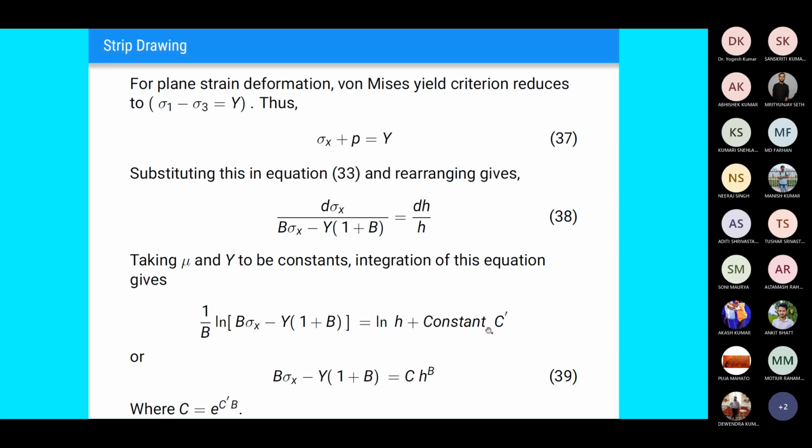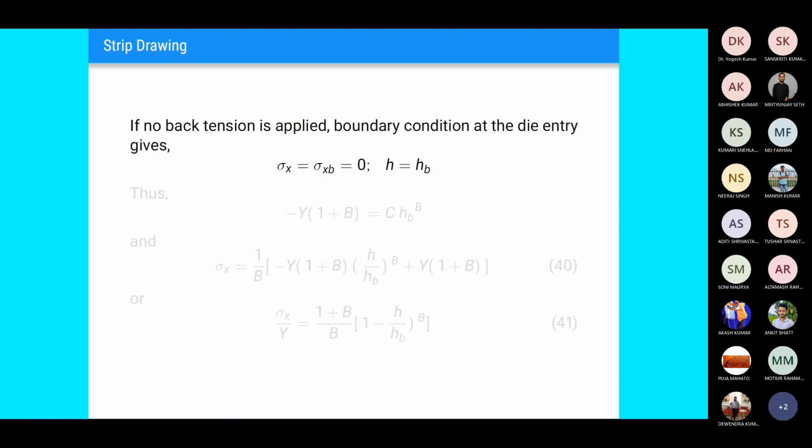We have not taken e raised to the power c dash b, so we have introduced another constant c.